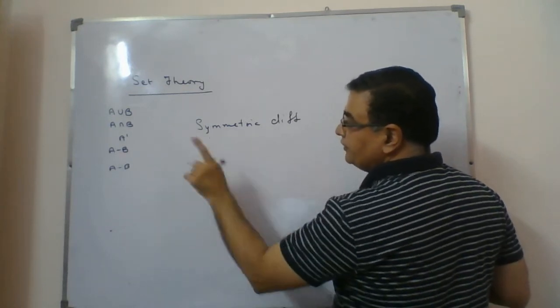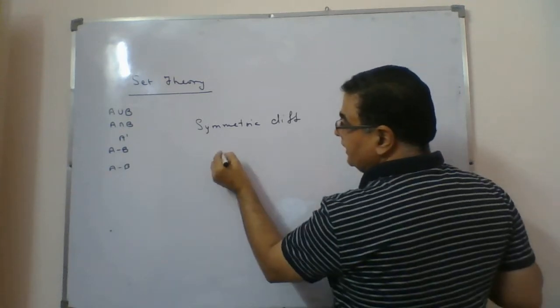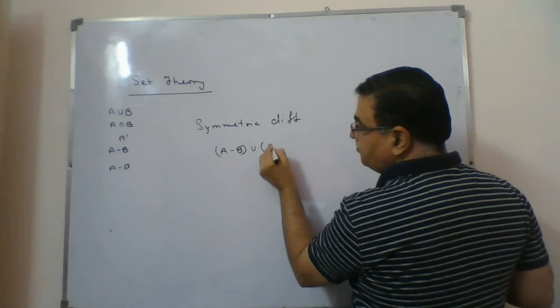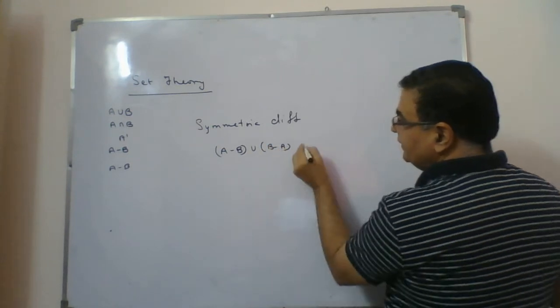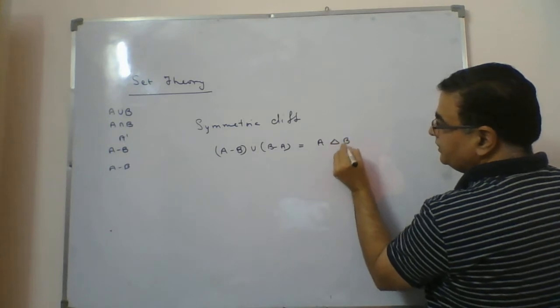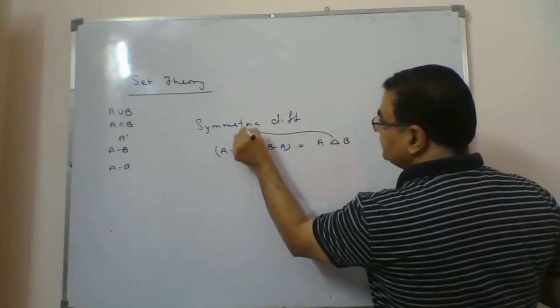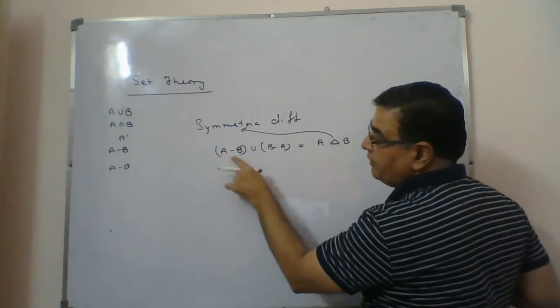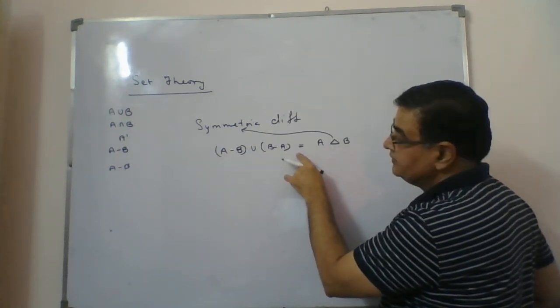The symmetric difference of sets A and B is nothing but A minus B union B minus A. It is called symmetric difference, A triangle B. Triangle is the symbol for symmetric difference. So A triangle B means A minus B union B minus A.